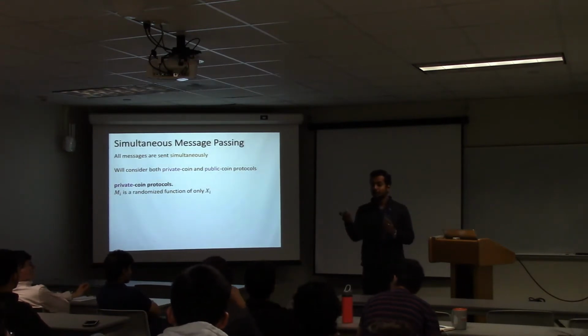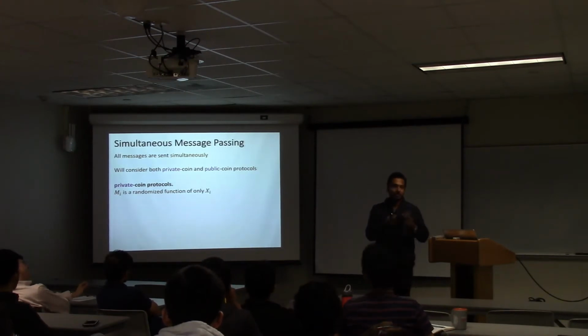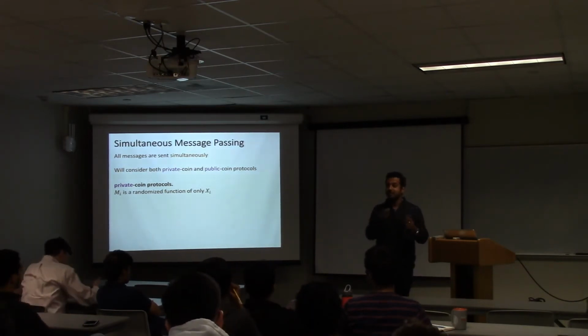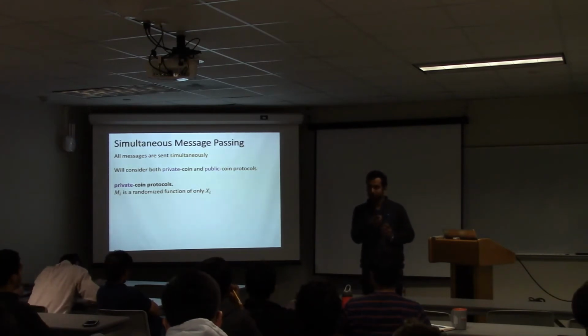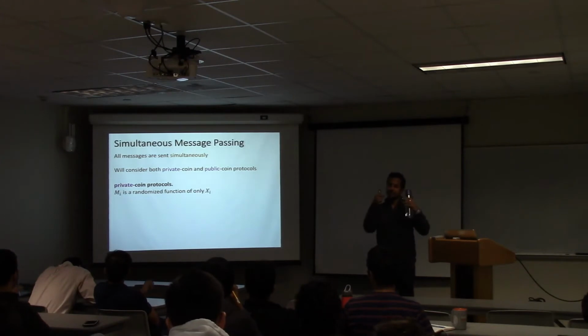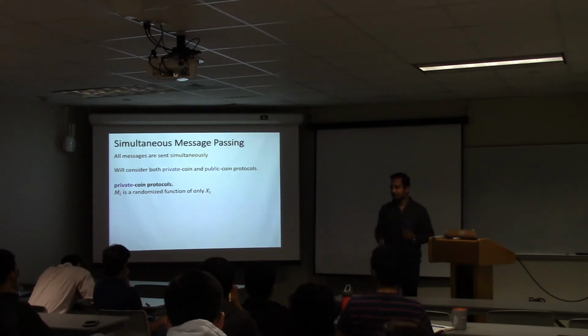Maybe a randomized function of xi, but it just depends on xi. Okay, so the player rolls a die, sees a 4, and then outputs a distribution over messages that depends only on 4. So in other words, the message mi is a randomized function of only the sample at player i.